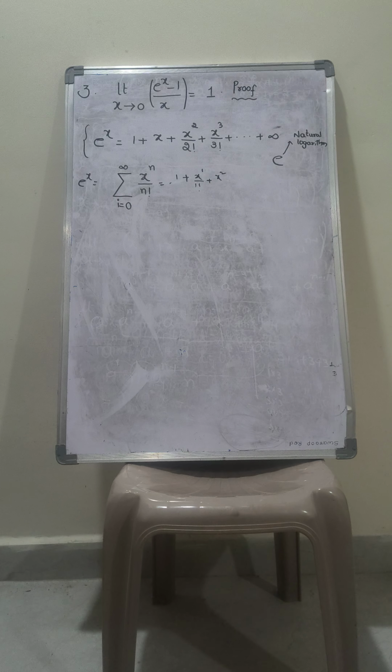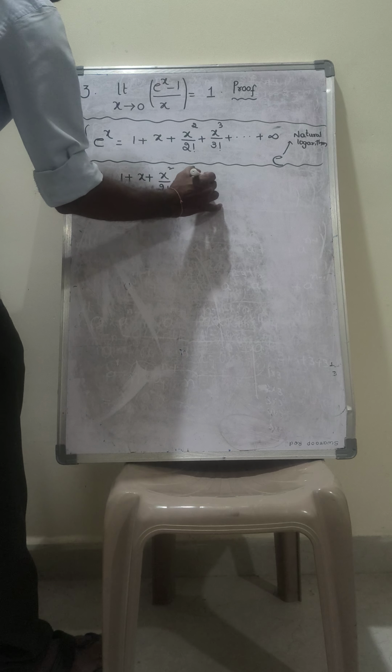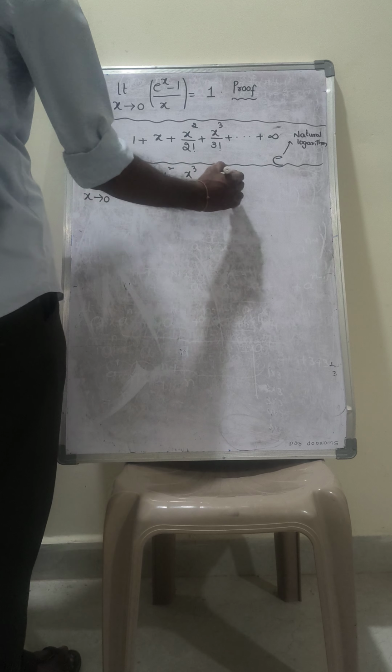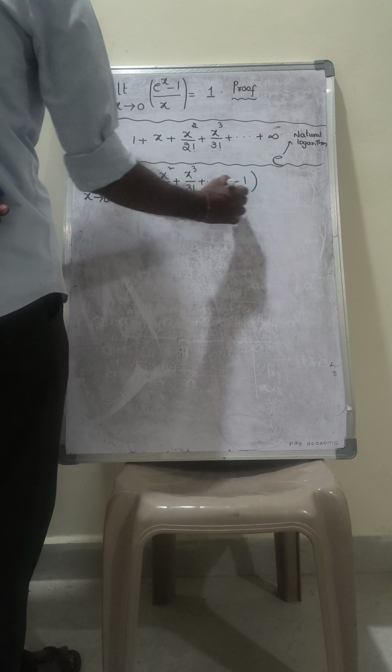Now that we have this, we can do the simplification. I'm going to substitute the e power x value in this limit. This is the series of e power x. So it is 1 plus x plus x square by 2 factorial plus x cube by 3 factorial, and so on up to infinite, minus 1.